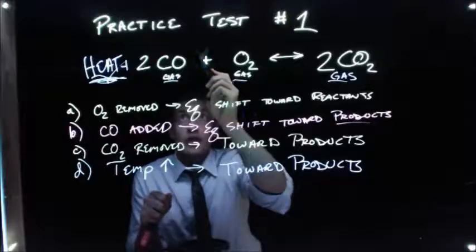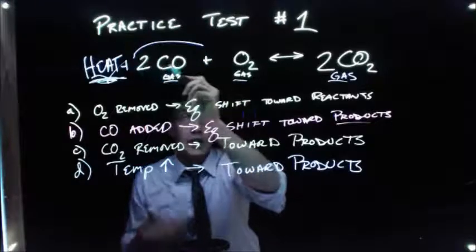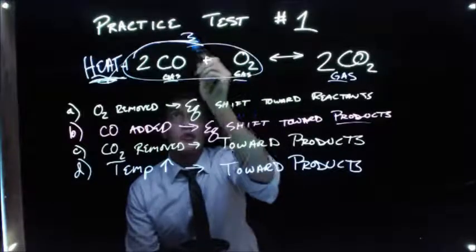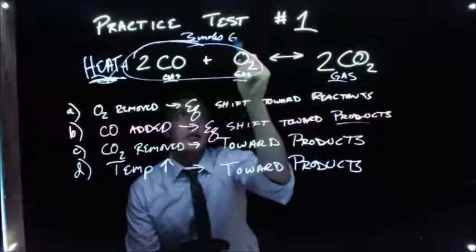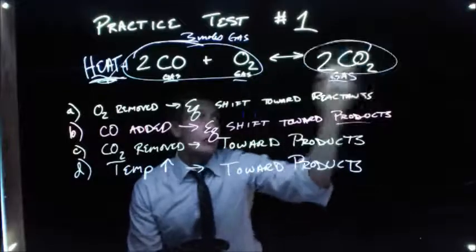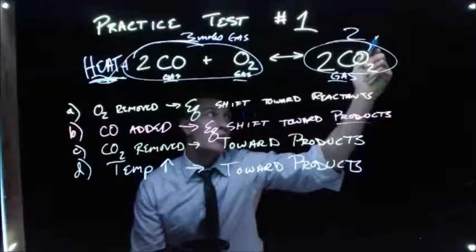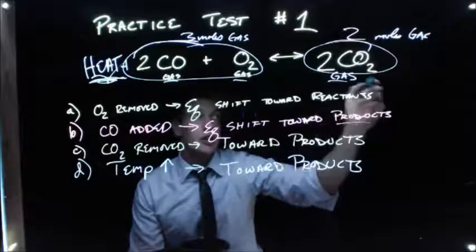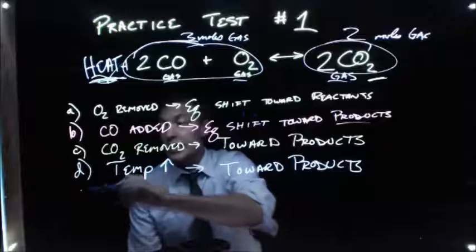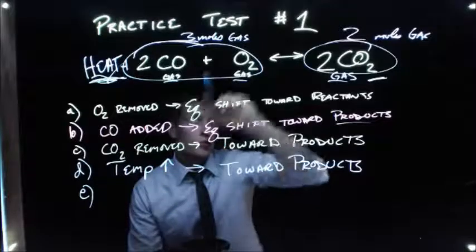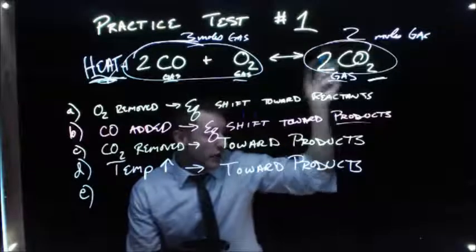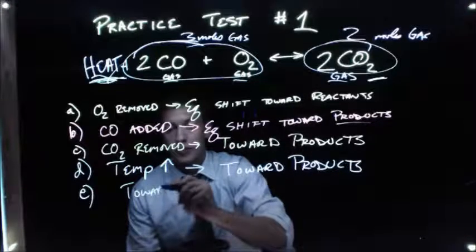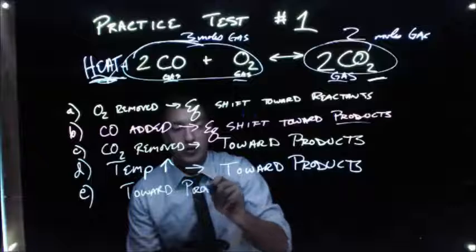And since there are 2 moles of carbon monoxide and 1 mole of oxygen, this side has 3 moles of gas, and the product side only has 2 moles of gas. So the side that takes up less space are the products. So E, increasing the pressure, is going to push it towards the side that takes up less space, and that's going to be the products. So toward the products.